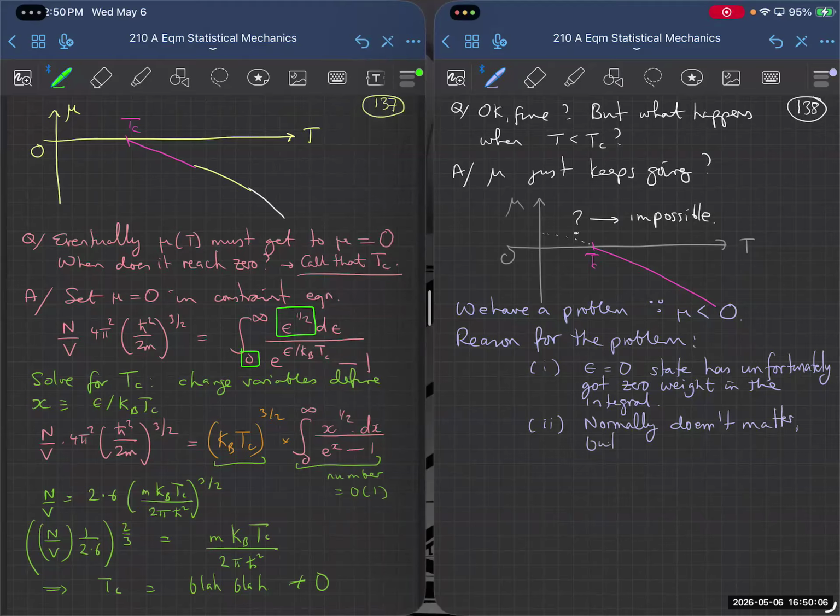But for T less than Tc, a macroscopic occupation of the ground state has occurred, and I'm going to explain that.